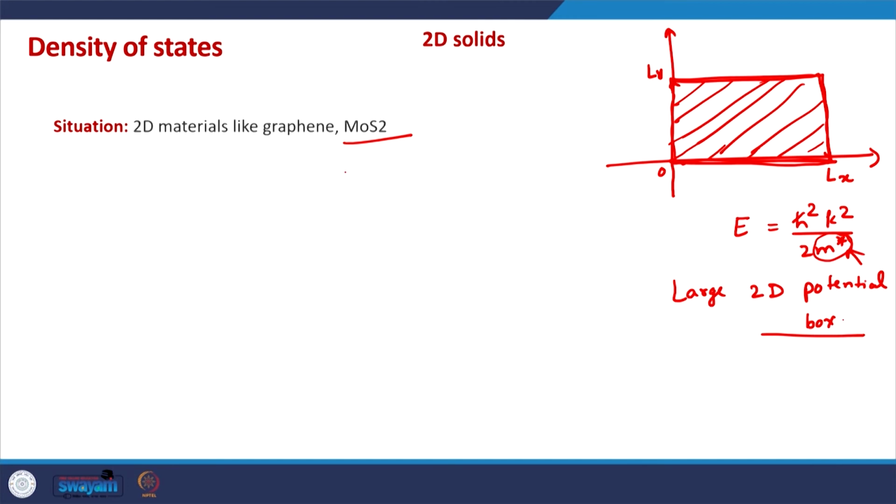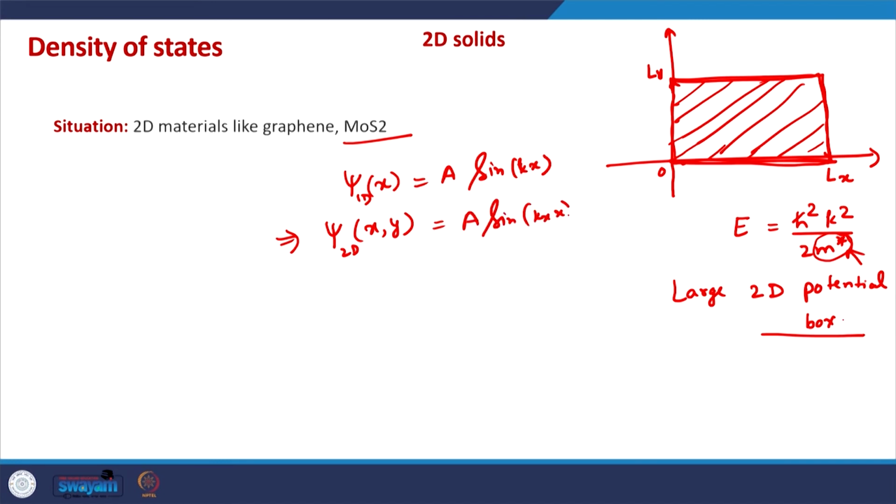The solution of the wave function in a 1D potential box was sin kx. Generalizing this wave function to the 2D case, this will be a sin kx x times sin ky y.